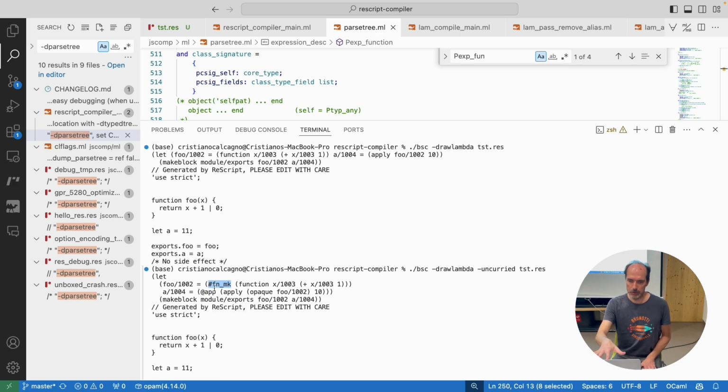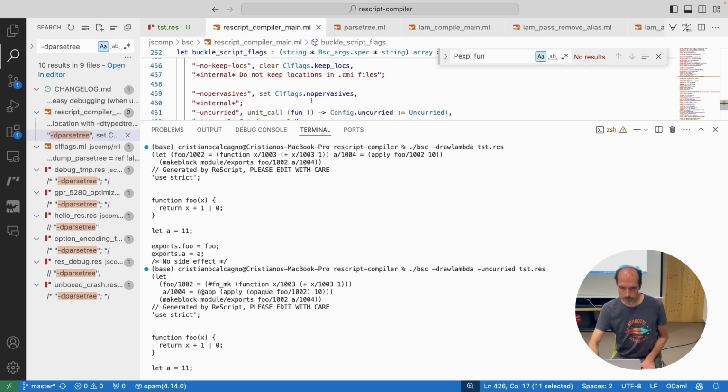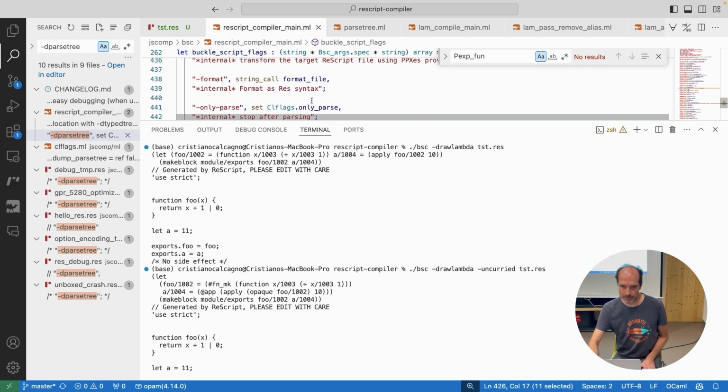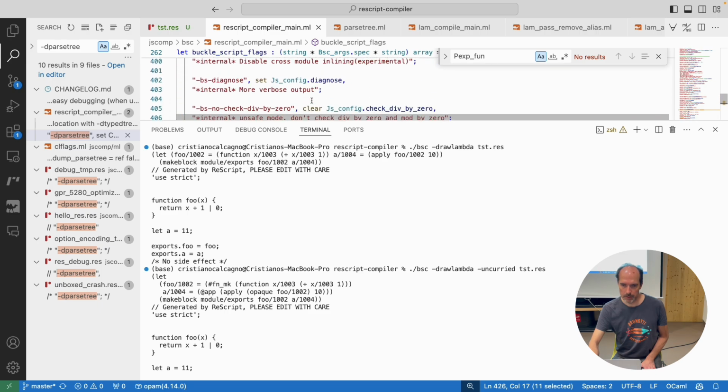Now the bit I want to show is how the optimization happens: at what point we get from this foo applied to 10 to the result 11. For that, there is one of the options, this one.